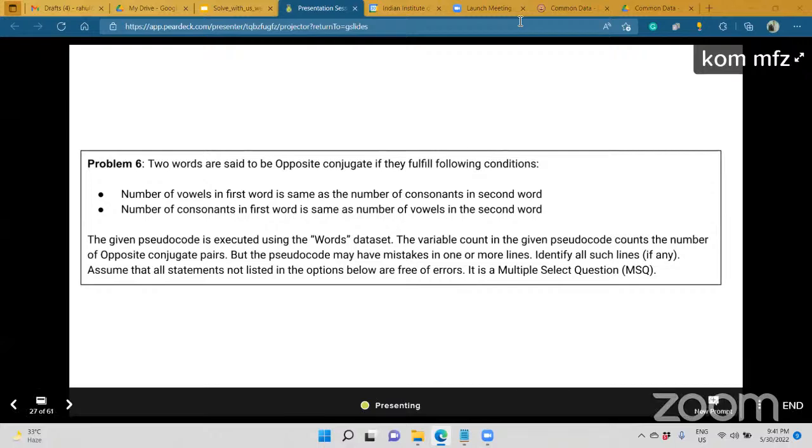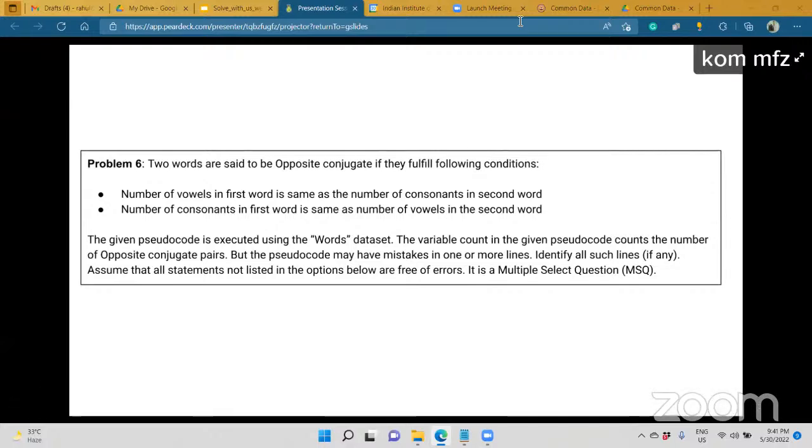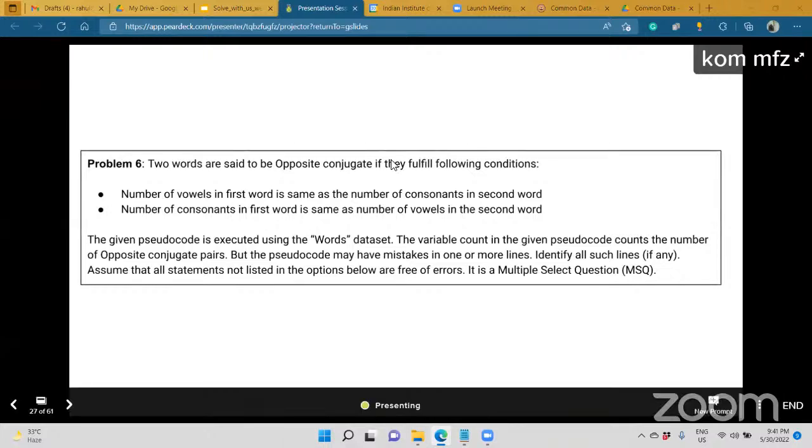Please move to the next slide. Sir, these MSQs are the hardest ones, finding the errors. Finding the errors is the hardest part of the whole quiz, sir.